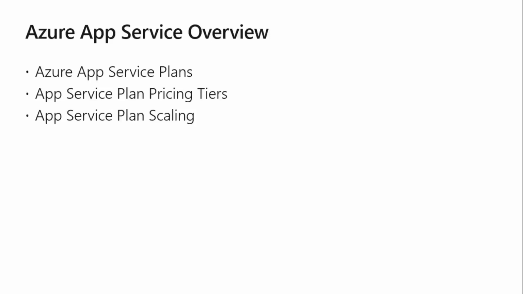We have another service plan called Basic, Standard, Premium. This is also shared, but this shared pool or shared instance is not shared by other account holders. It is shared by you only. So let's say you have 5 web application services.